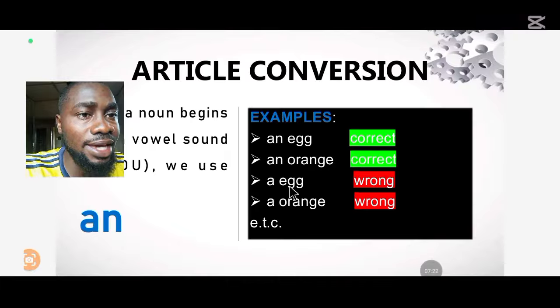A egg is wrong, because the first syllable is a vowel sound, so it should take an. A orange, the same thing, making it wrong.